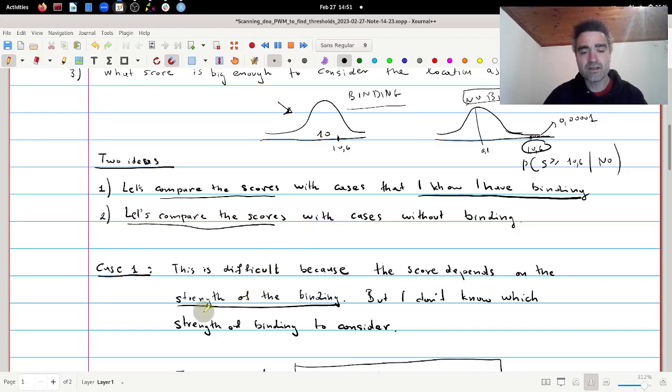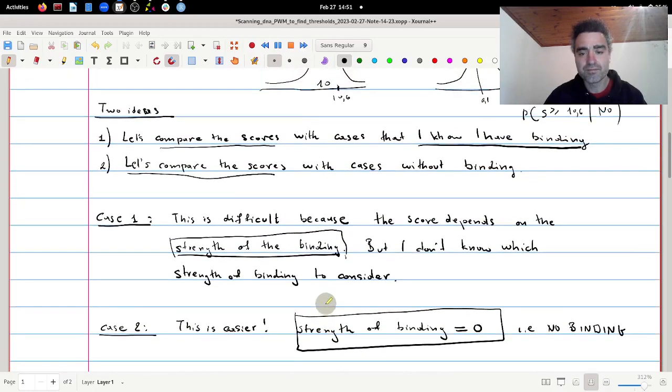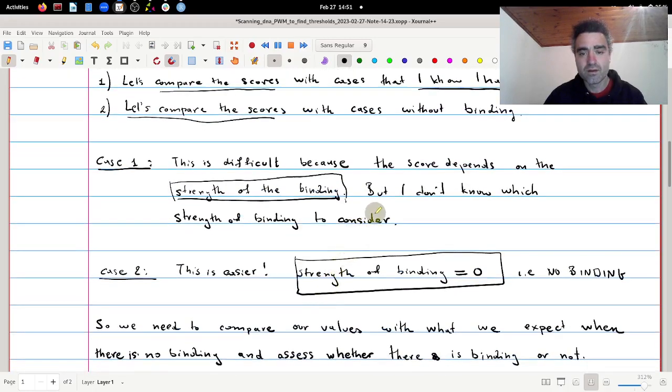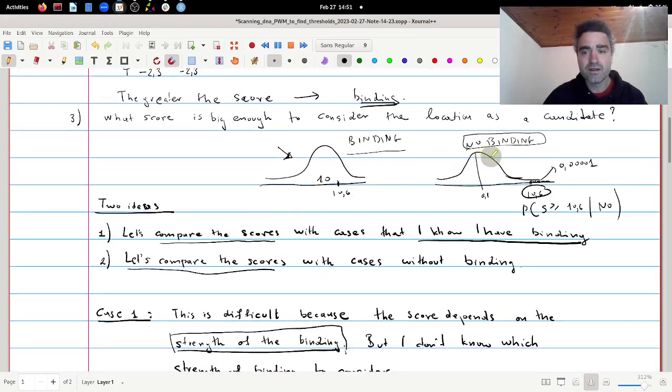Now what I said affinity, I named it here strength of the binding. It's the same, I use the same term for both. Okay, the second case now is easier, because the affinity in this no binding case has an exact value, and the value is 0.